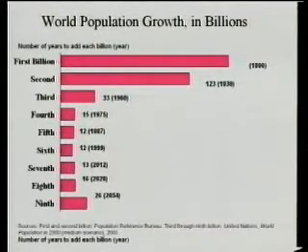So first billion on the planet was reached around 1800. The second billion took 123 years, and we reached that in 1930. But you'll see that by the middle of the 20th century, we had lowered the number of years taken to add 1 billion down to 12.